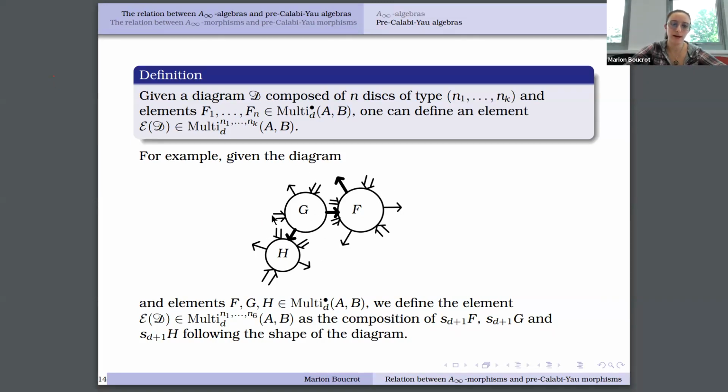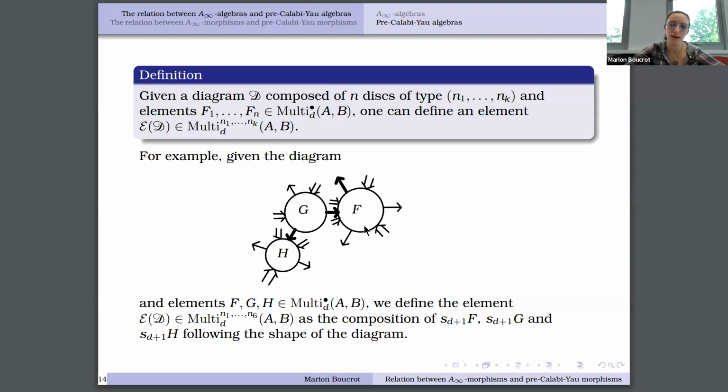Then I will apply the source of the diagram, which is the disk which shares none of its incoming arrows with another one. Applying G to elements will give us a tensor product with 3 tensor factors. I will use 2 of those tensor factors, one for applying F and one for applying H.